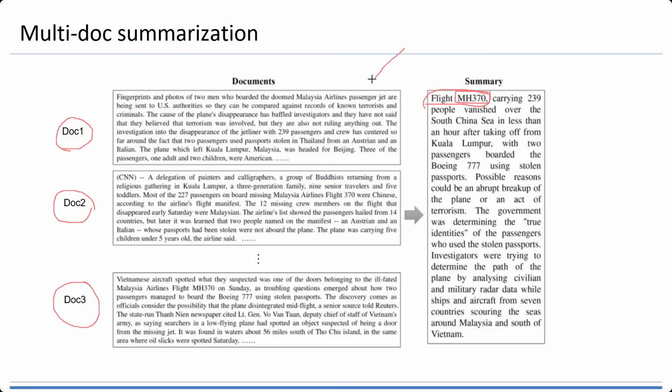So there is a lot of news. This is the news from one side, this is another news, and this is another. This is from the Malaysian government, this is from CNN, this is from Vietnam. And we want to make a summary. What is the summary from different perspectives? So this is the summary.